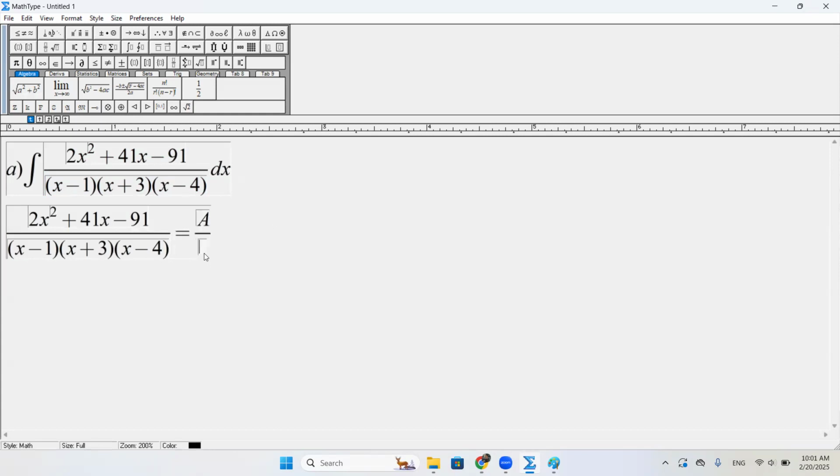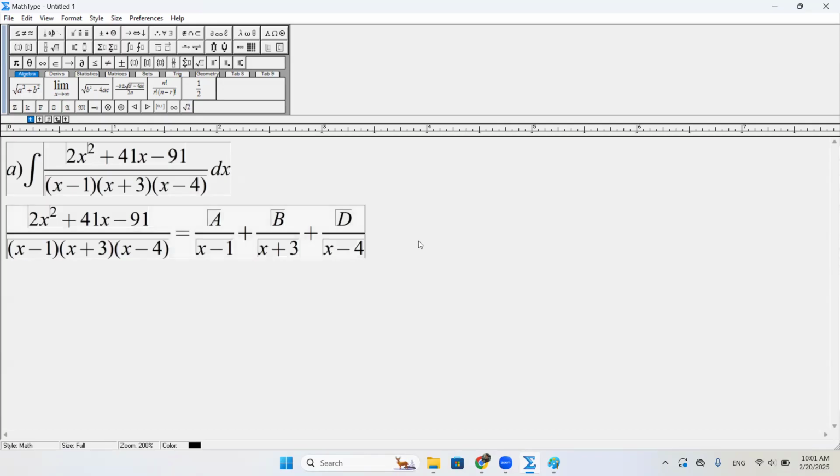So we will write it. Actually, what do we see? This is the common denominator for three fractions: x minus 1 multiplied by x plus 3 multiplied by x minus 4. And this is the common denominator for such fractions. Plus, I don't want to use C here, I will use D, because we use C for the constant.